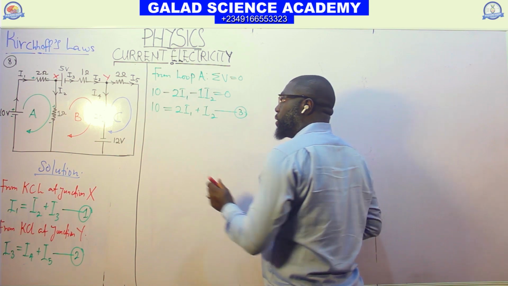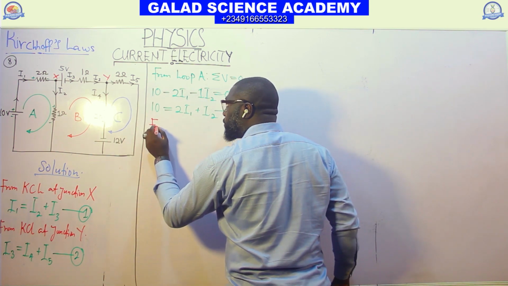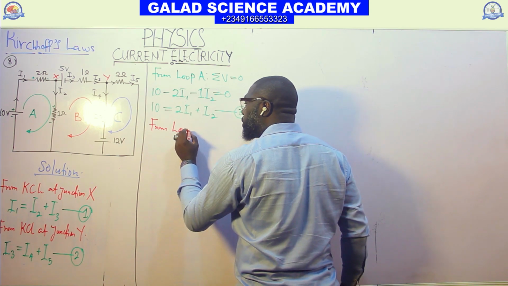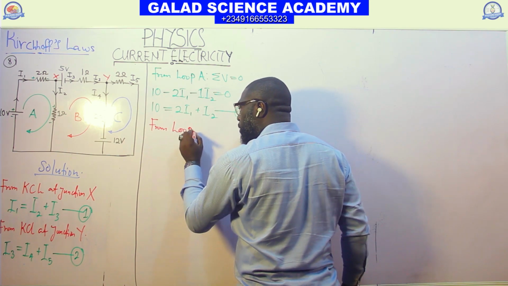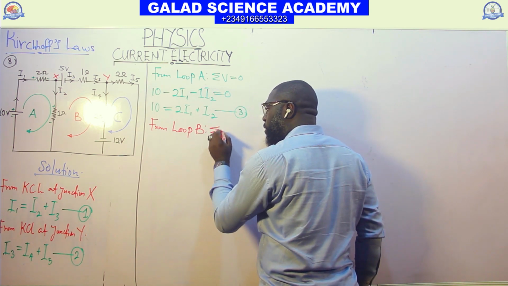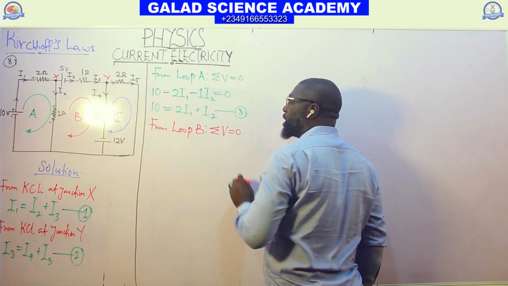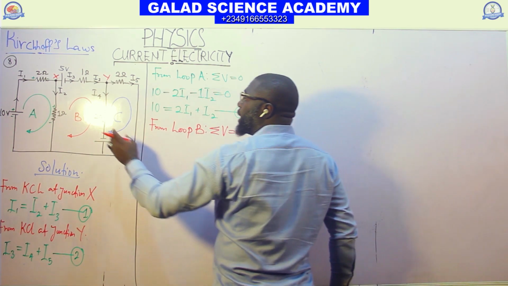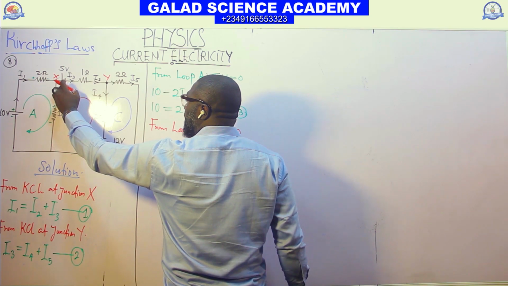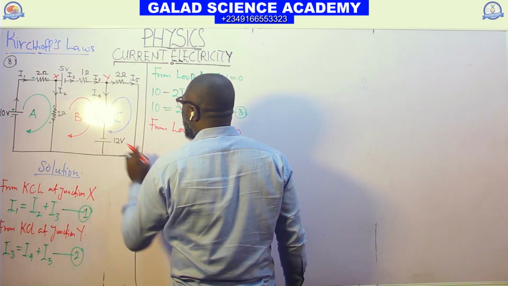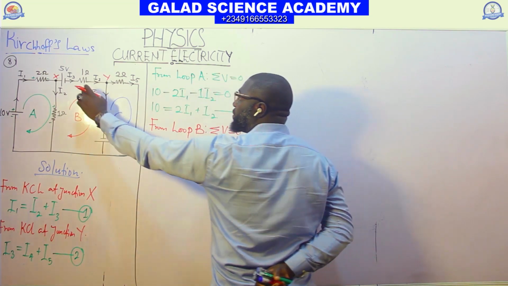B. You can also say, from loop B, sum of voltage equal to 0 in the loop. In this B, let's start from here, going like this and going back like this. Start from the 5.